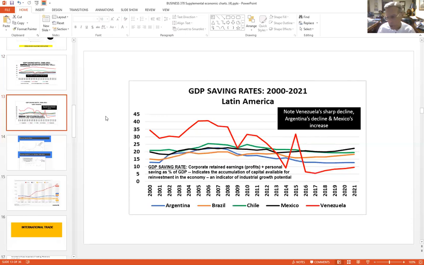Given the current situation in Venezuela, you can see that that investment has come crashing down, and corporate profits, personal saving has come down, and the impact has been disastrous. Once again, Argentina, the blue line at the bottom, for reasons that we have seen. A little uptick in Brazil. That may be good news. Mexico also is encouraging in terms of GDP saving.